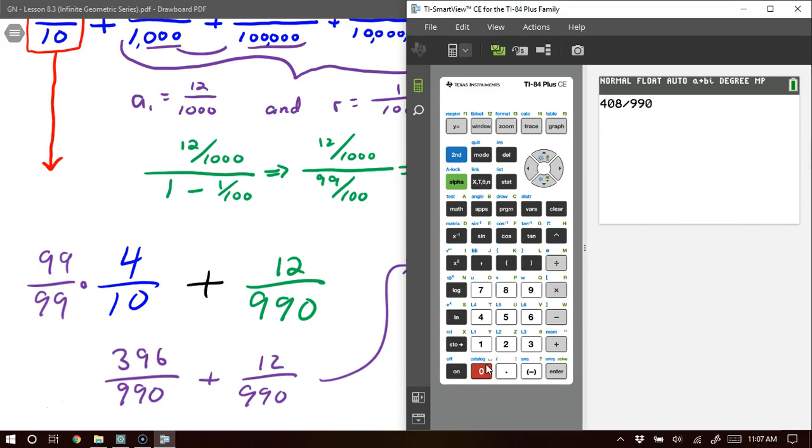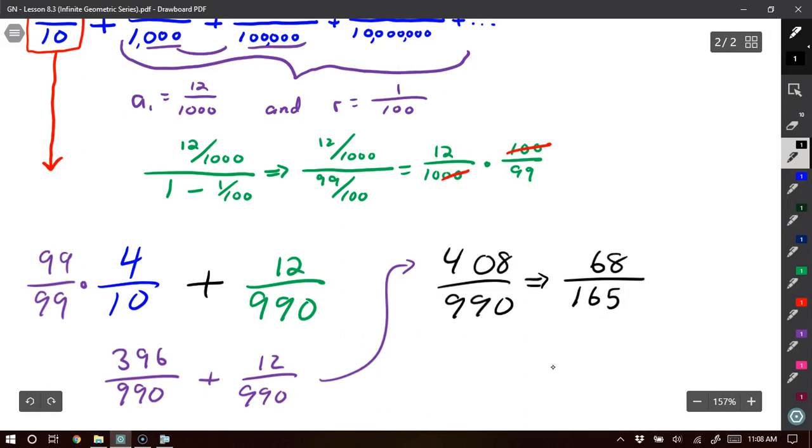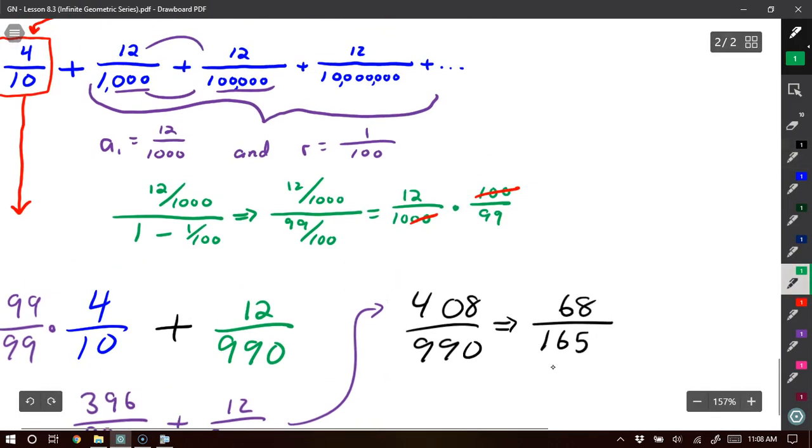We want to check our answer anyway, so hit enter. We have the right answer, and my calculator can simplify the fraction for me, 68 over 165. So that's really what I did, and there's no harm in that. I can check my answer before simplification and then use the calculator to simplify it down, because I don't really think it's easy to see that 6 goes into both those numbers.